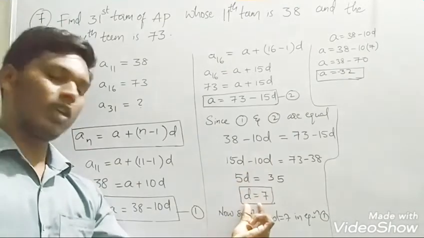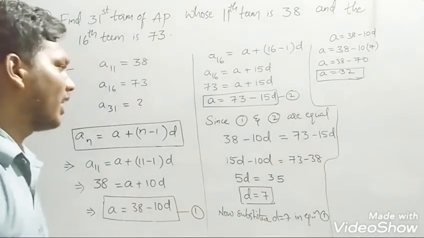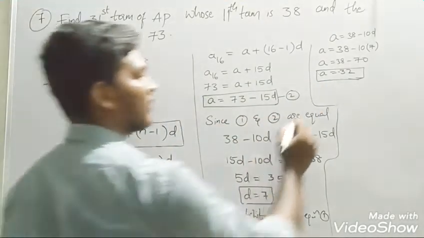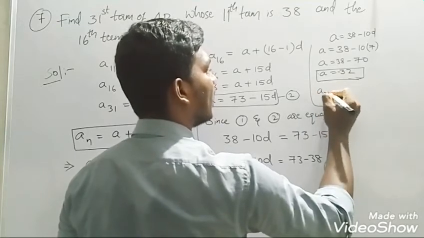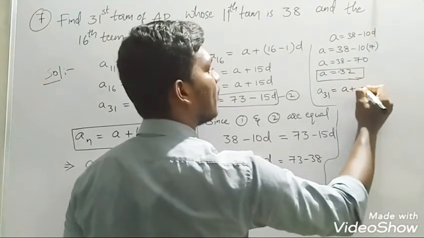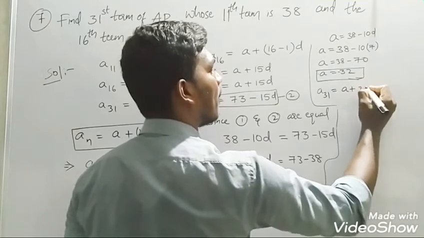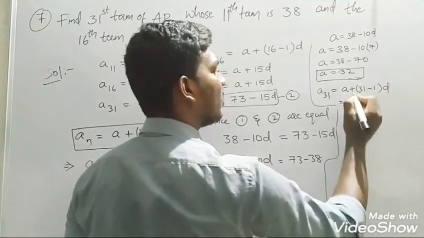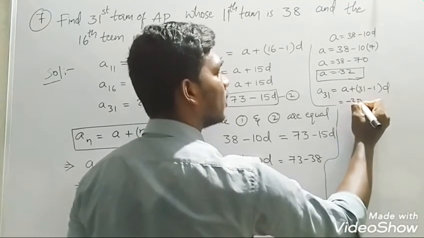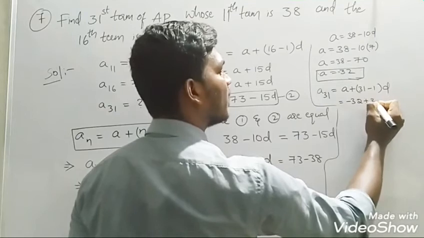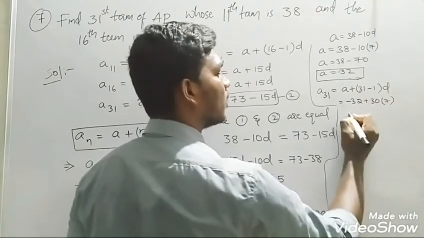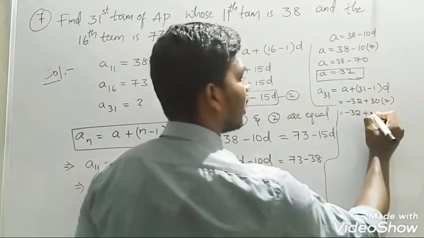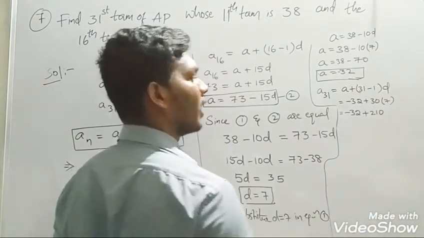We have got the value of d and a as well. With the help of a and d we can find the value of the 31st term. So a31 is equal to a plus (31 minus 1) into d. We don't know a31. The value of a is minus 32, 31 minus 1 is 30, and d is 7. So minus 32 plus 30 into 7, which is 210.